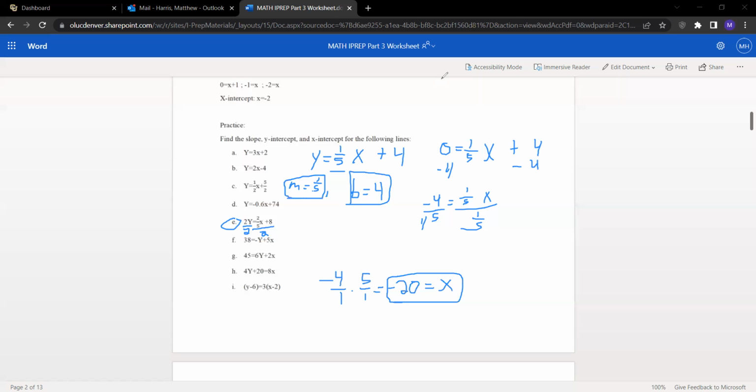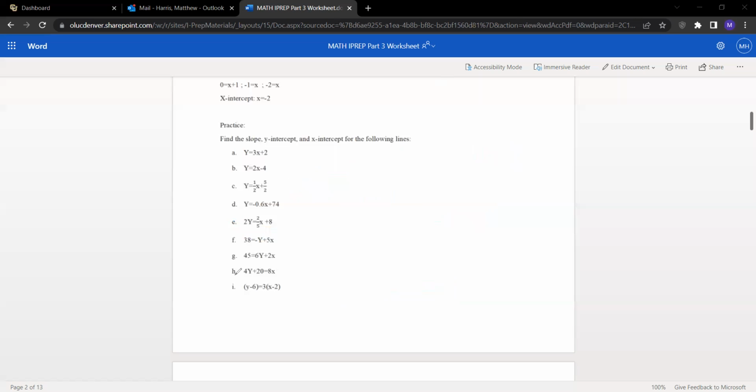Let's go ahead and try one more. And this time we will do H. All right, so what is our slope? At first, we can think, can we put this in slope-intercept form? And I think we can, right? So first, we have to get rid of this 20.